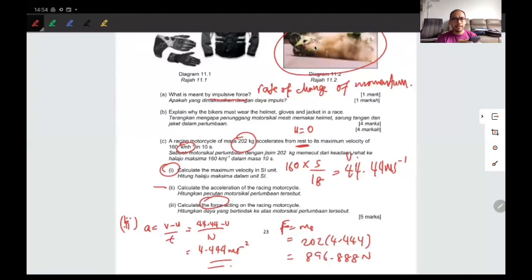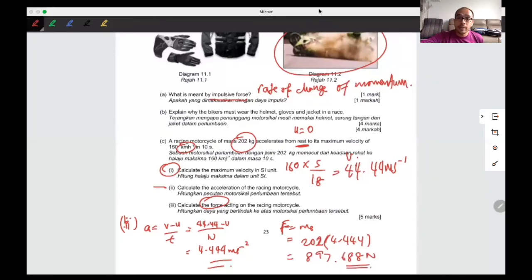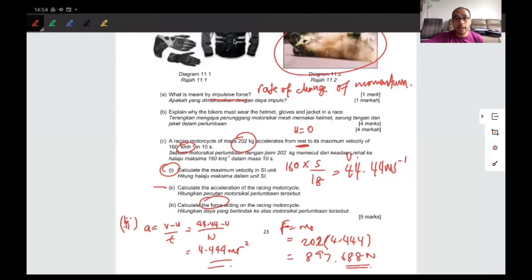Actually, let me check again. 202 times 4.444 is 897.688. So 897.688 newtons. Obviously the most important thing is, even if you are answering numerical values, make sure that your unit is correct. So the unit is very important.